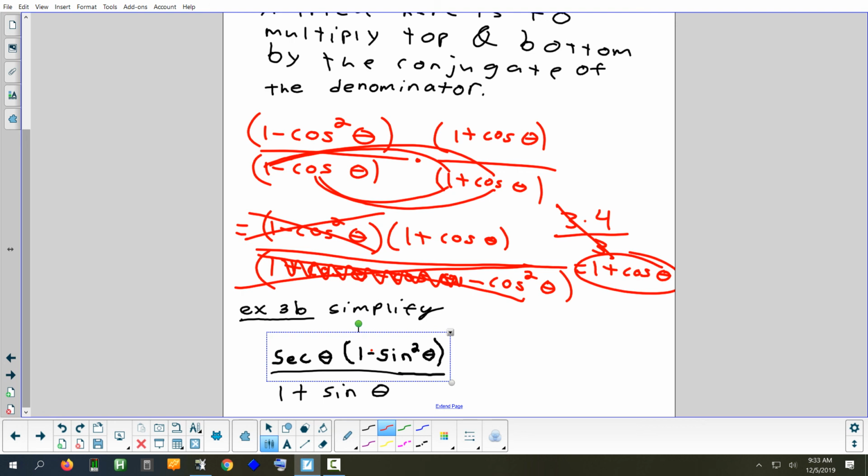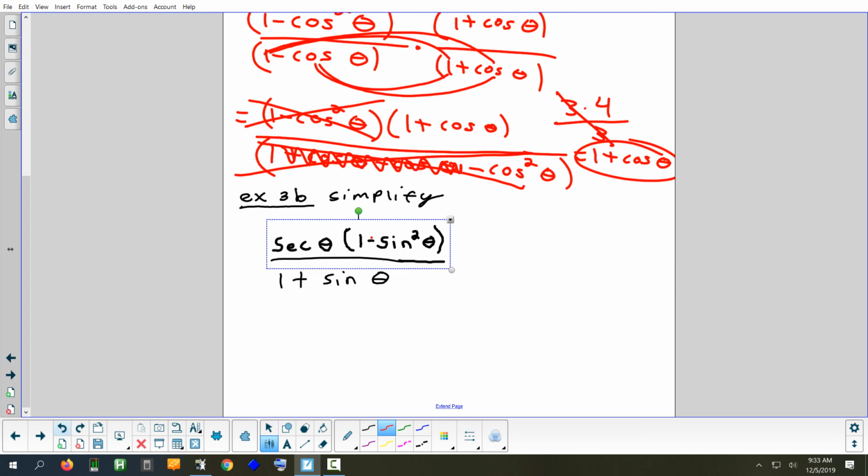And if you change to sines and cosines, it will work eventually. But it may take you 15 steps versus what we're going to do may only take like 3 or 4. So what I would do on this one is multiply by the conjugate. Only because I see this squared thing and then I see the same thing down here not squared. Usually the conjugate can make the squared thing go away. And then you don't have to worry about it.